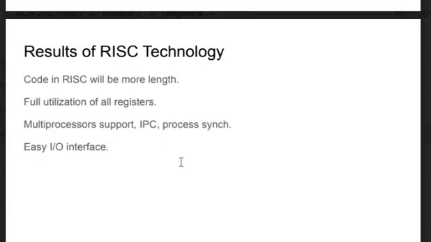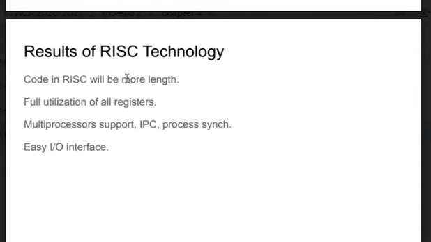Okay, so now you can think about what happened because of the RISC technology. There was one small drawback: code in RISC will be more. Code, in the sense of number of instructions, will be more, but execution speed will be fast even though the length is more. In certain cases like recursion, it will take minimum extra time.